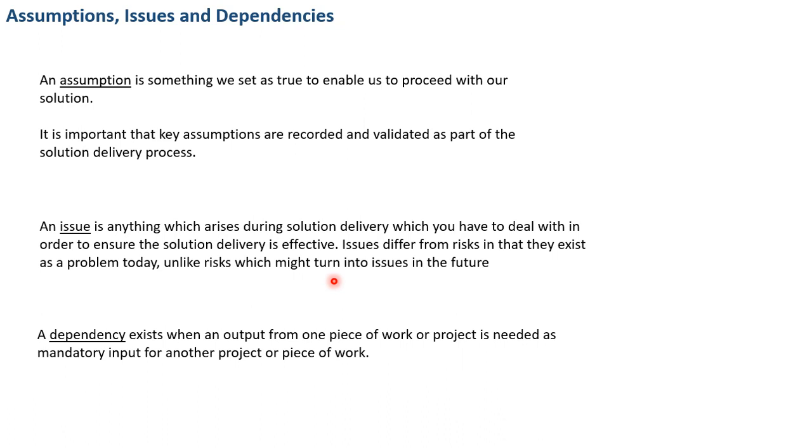This is different from a risk, which is something we may have to deal with but don't entirely know. Issues are things here and now we have to deal with, which could be blockers to the solution. Again, we need to lay those out in the solution architecture. And dependencies are things that aren't necessarily part of the solution, but are aspects we're dependent on. Could be other solutions which we need to feed into our solution.